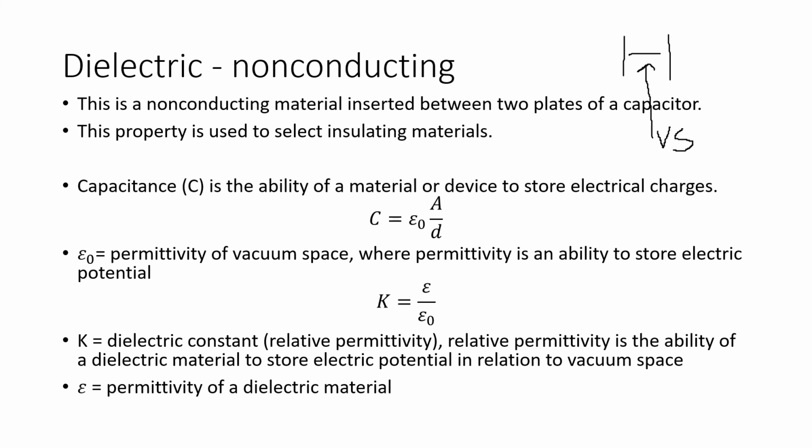So K is a dielectric constant. K is relative, so we're looking at it against the vacuum permittivity. So we're looking at the permittivity of a material. Now we're stuffing something in between the two plates, okay? So as soon as you stuff, you don't have vacuum.